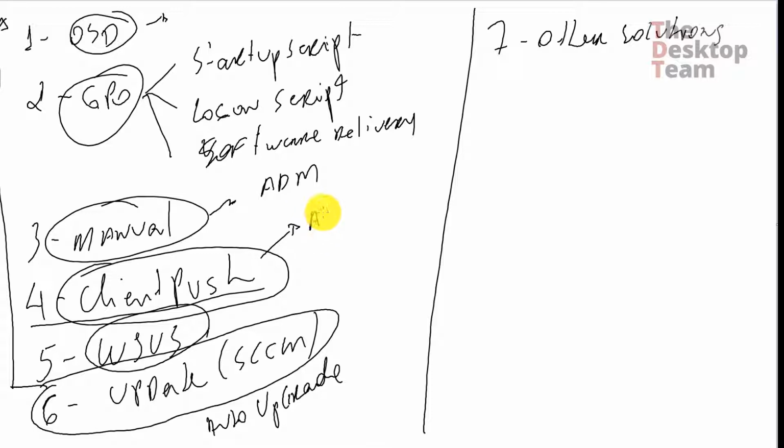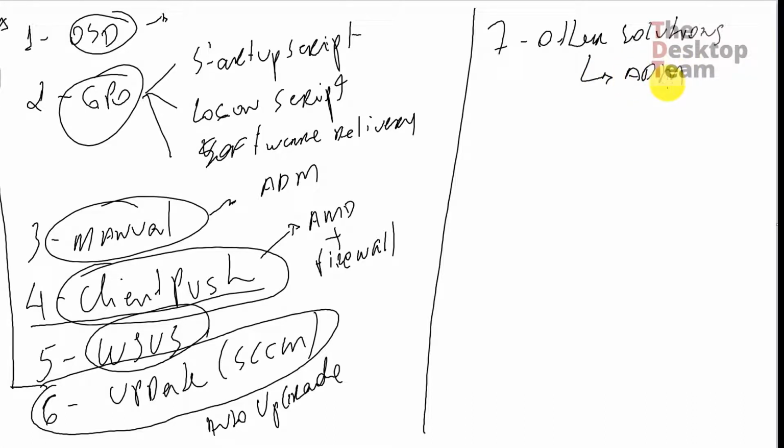Client push, you need to have administrative rights plus firewall changes. And WSUS is via WSUS and Configuration Manager, so through the update, there is already everything in place. With other solutions, that will depend on the solution, but you need to have administrative rights on the machine.